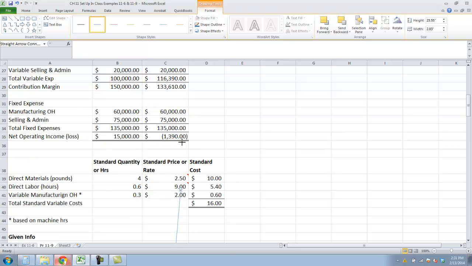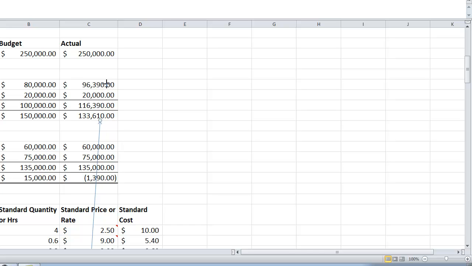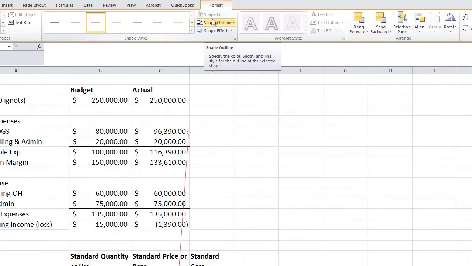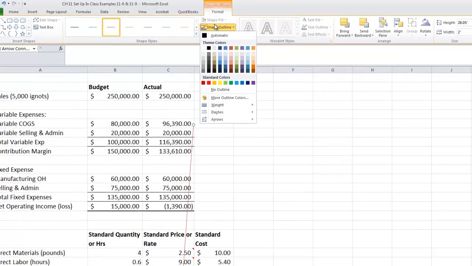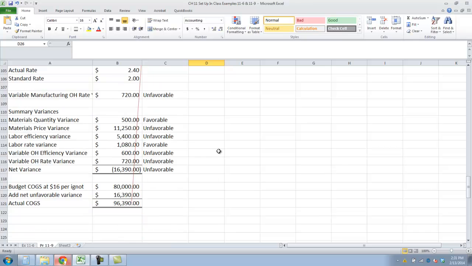This number should tie back to actual variable cost of goods sold. And it does. So that is the variance.